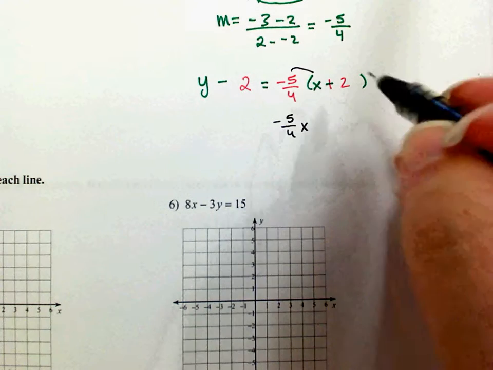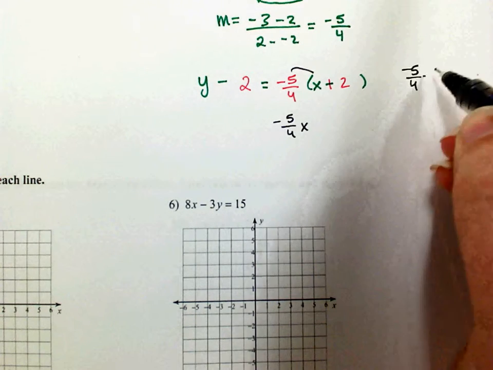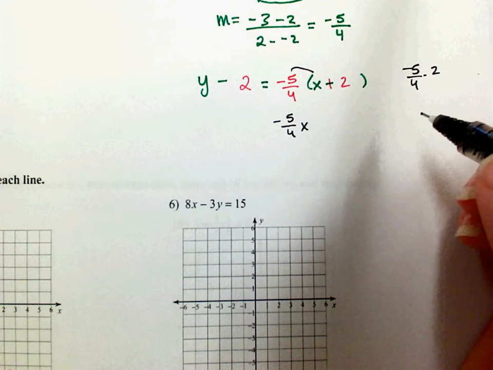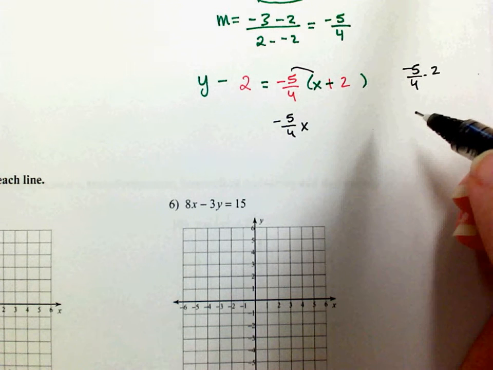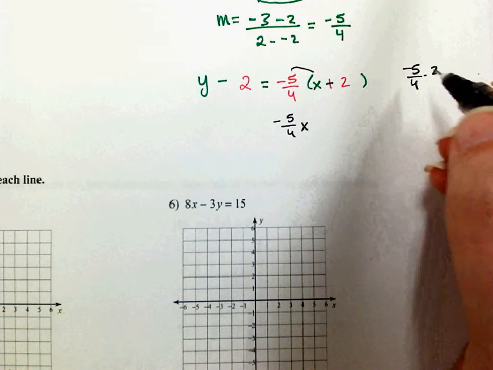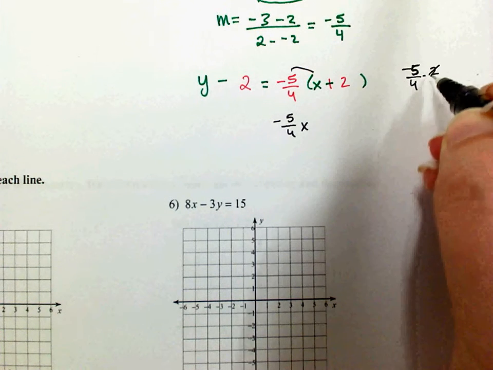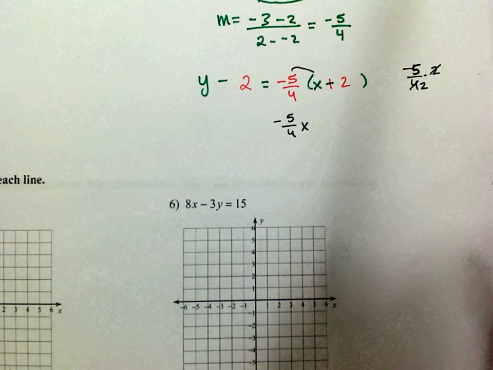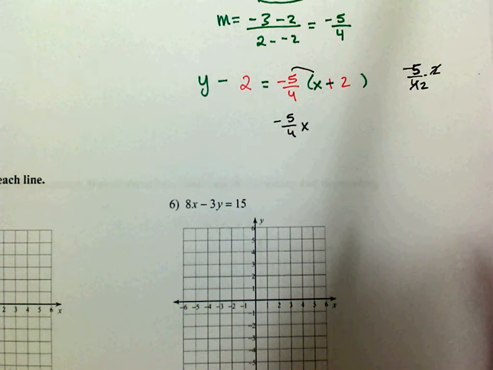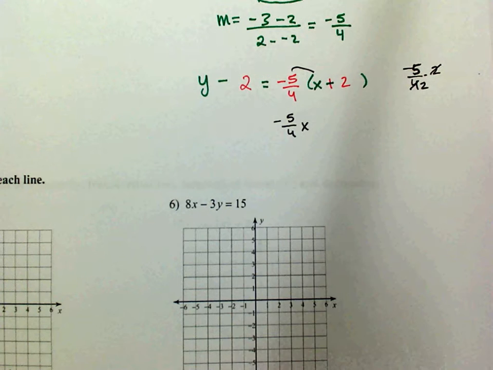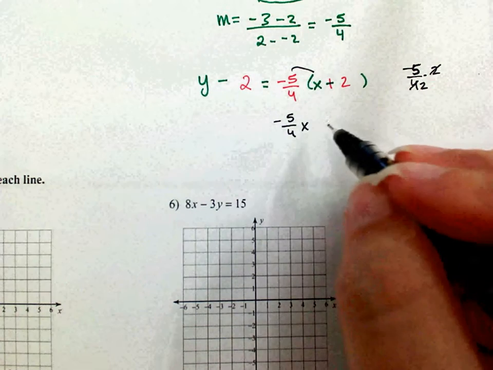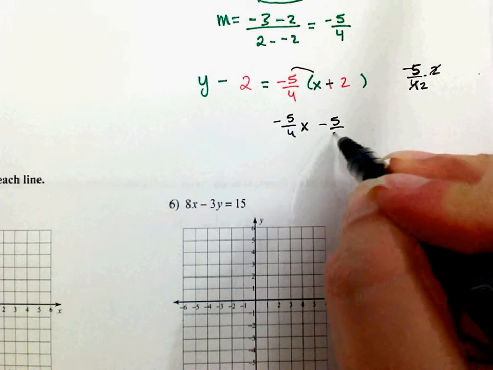What is negative 5 over 4 times 2? What? Negative 10 over 4? Why don't I just say negative 5 over 2? Right? So negative 5 halves? And I've got y minus 2.